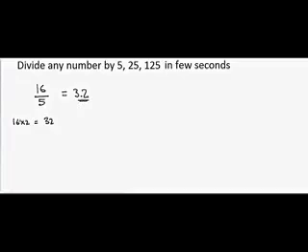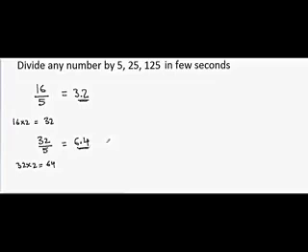What I did is I just doubled the number, and then I put a decimal after one digit on the right. Again, suppose I have 32 and I want to divide it by 5. The answer will be 32 times 2, which is equal to 64, and then I put a decimal after one digit, that is 6.4.